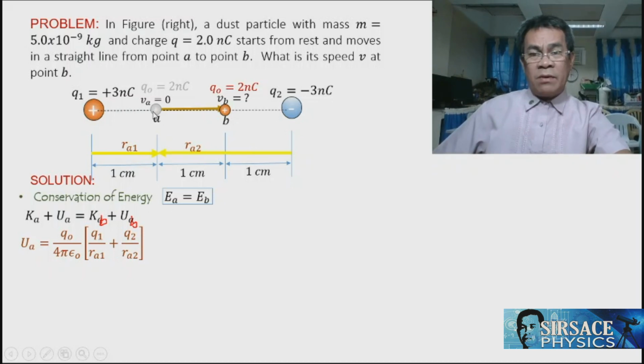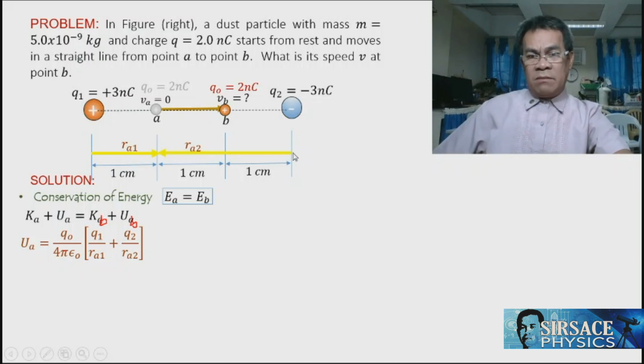Okay, we are talking about this point. Forget this point first. What is the energy at this point? Multiple charges, because this one is positive and this one is negative. So all you need to do is take the common factor, which is Q naught. So Q naught over 4 pi permittivity multiplied by charge 1 over RA1, then added to charge 2 divided by RA2.